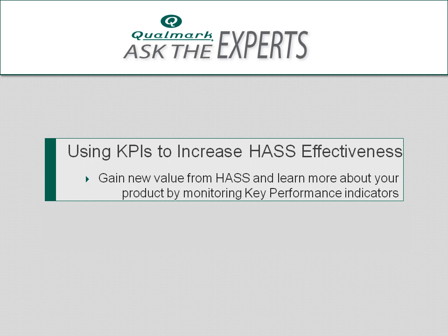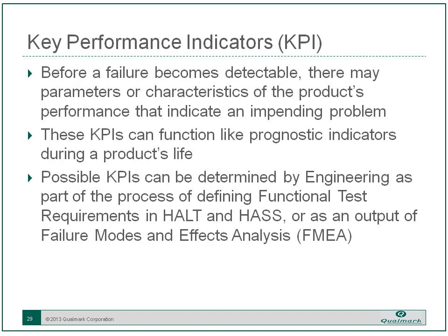Let's talk now about the key performance indicators that I've mentioned, how you can get new value out of HASS and learn more about your product by monitoring key performance indicators. Now, the key performance indicators are those functions on the product that give you a warning that a failure is impending. Before it truly fails and becomes detectable, there may be parameters or characteristics of the product's performance that indicate an impending problem.